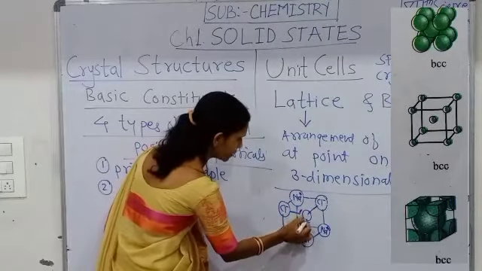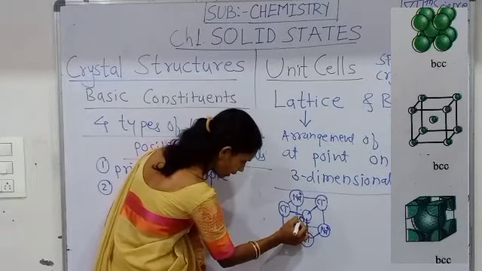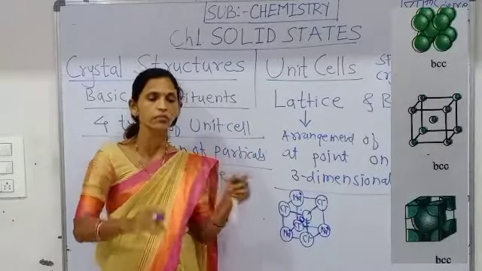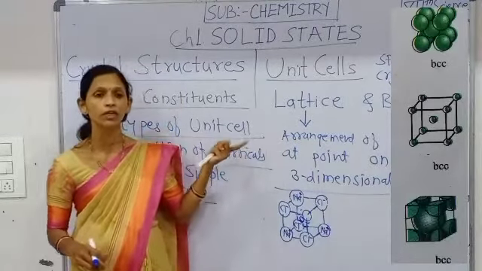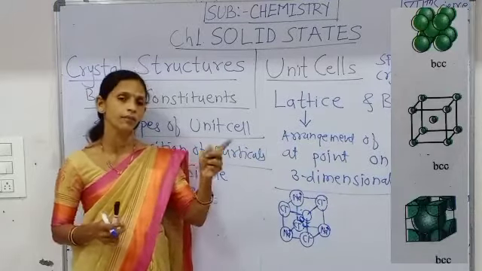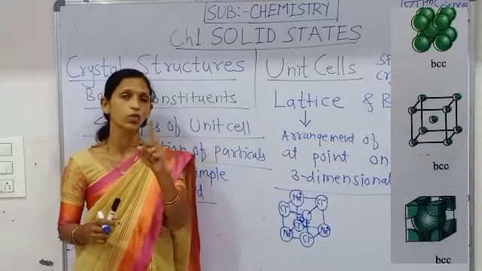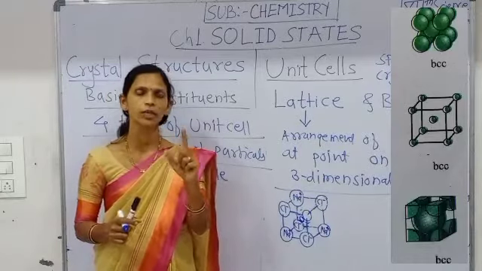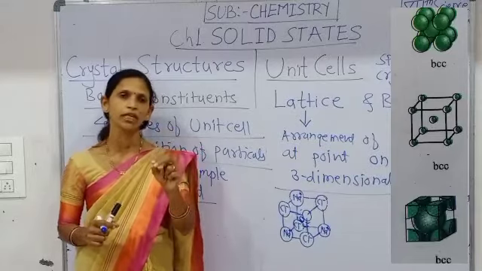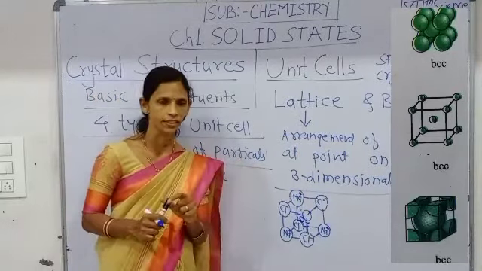The name itself indicates that one more particle is present inside the body, that is, in the middle of that cube. See here in the figure, you have observed that there are a total of 8 particles present at the 8 corners of the unit cell, as well as one more extra particle present in the center of that unit cell. That is called a body centered unit cell.